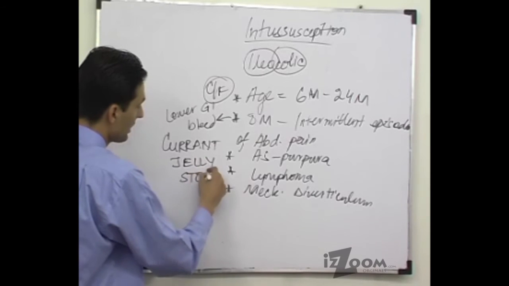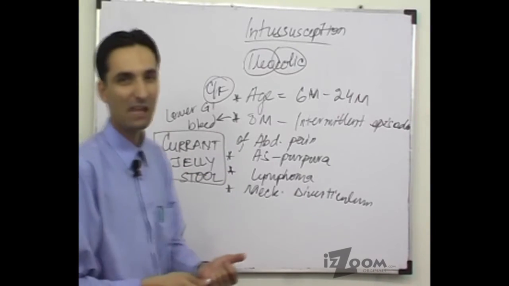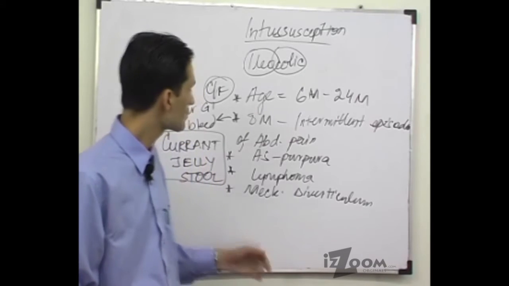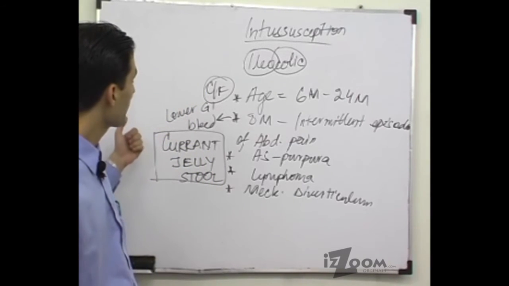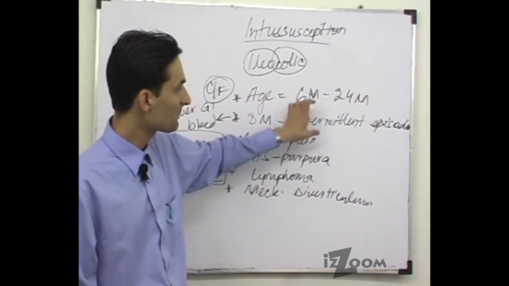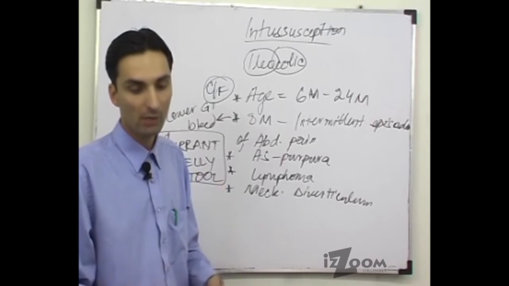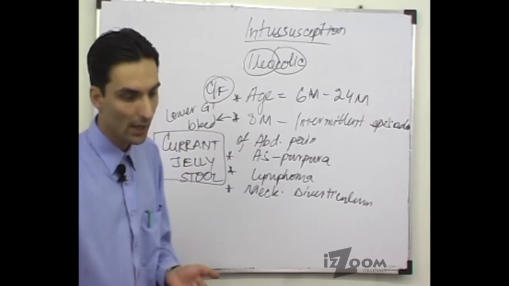And this characteristic finding of currant jelly stool is a late finding in intussusception. So you should not rely on currant jelly stool for diagnosis. You should have a high degree of suspicion in any patient who presents to you with intermittent episodes of crampy abdominal pain and so forth.